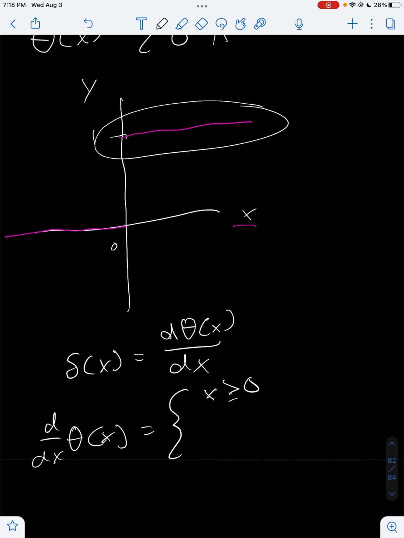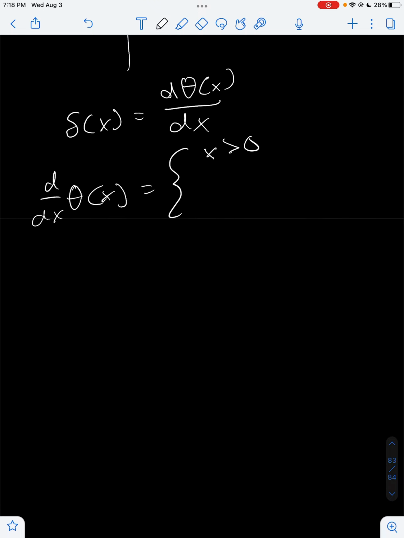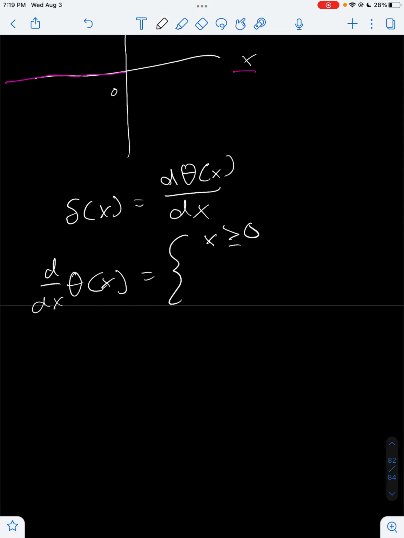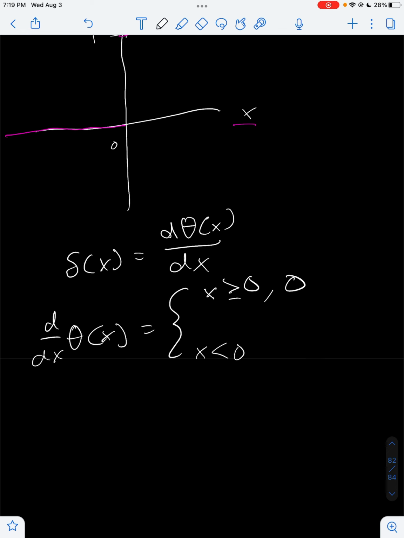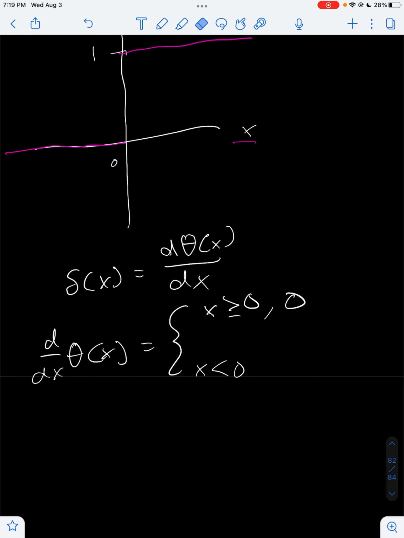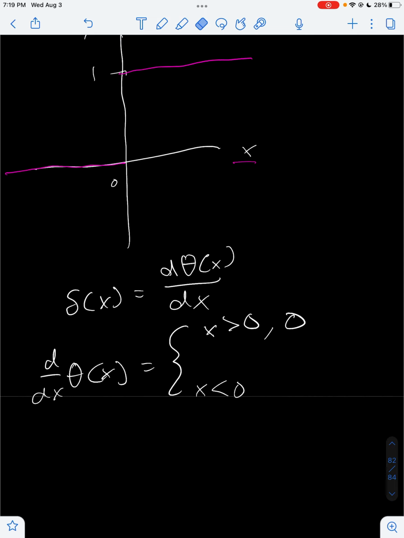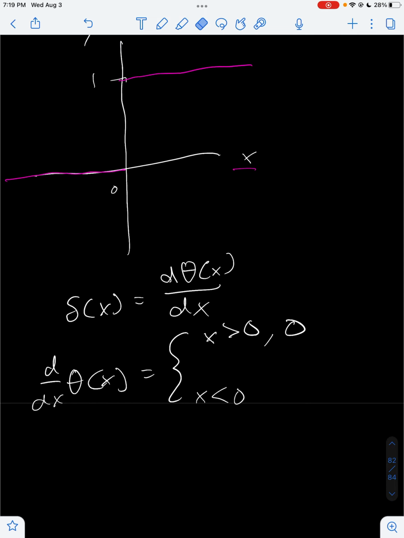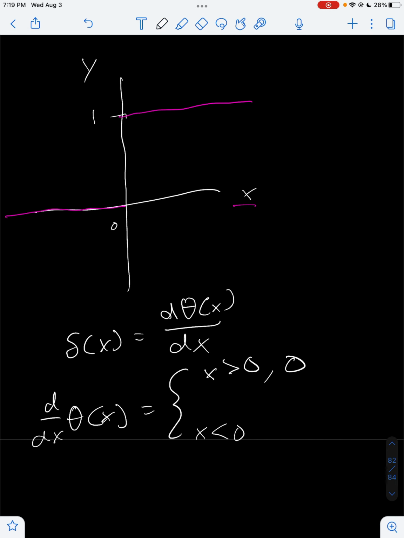And the derivative of 1 is going to be equal to 0, right? So it's 0. And if x is less than 0, actually I should say just strictly greater than 0. For now, let's not include the equal to 0 part. So if x is less than 0, well then it's also 0. The derivative is also 0 since it's just a line, it's a constant slope.